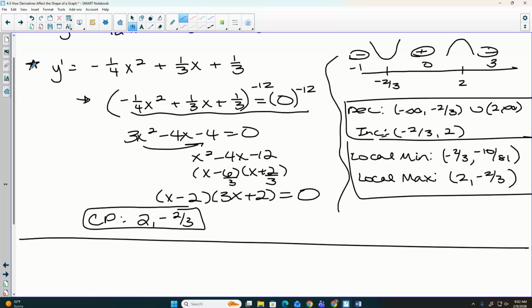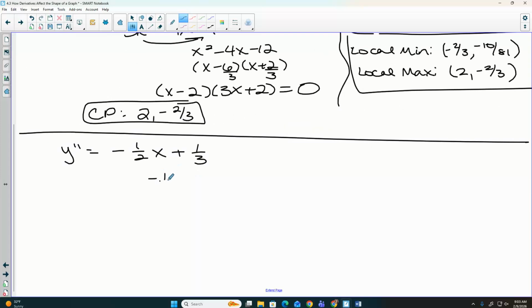So I'm doing it from right here. Plus 1/3. We set it equal to 0. I multiply by negative 2, and we get 2/3. So that's our inflection point.